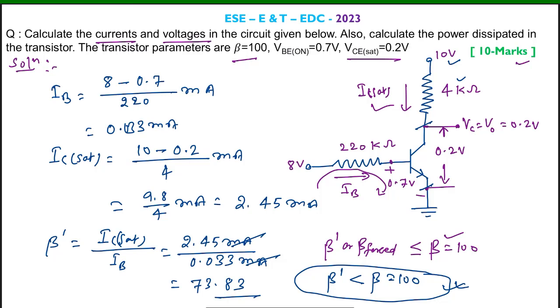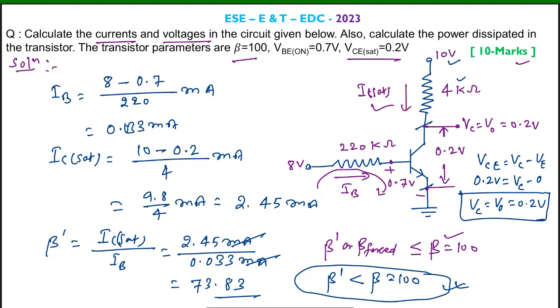So that is the reason it is working in the saturation region, with output voltage, or VC voltage, or VCE, because VCE is equal to VC minus VE. The emitter is at ground, so VCE given as 0.2 volt is VC minus 0. Ultimately the collector voltage becomes the output voltage of 0.2 volt.